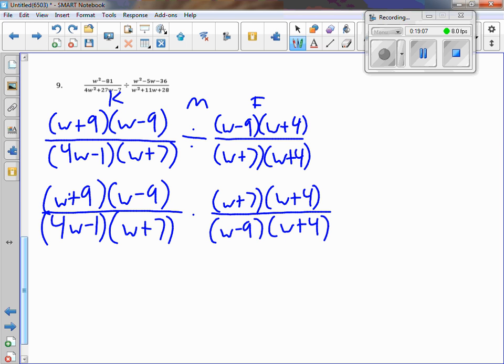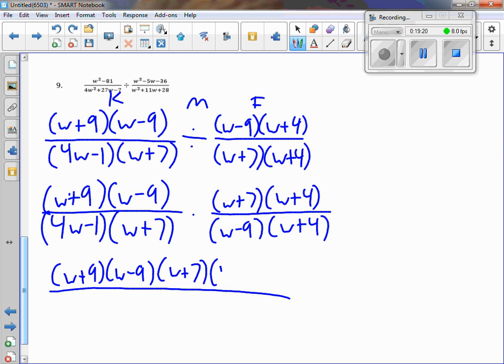So we've factored, we've kept multiplied flip. Now we'll multiply it all together. We get... and finally we'll reduce what we can.